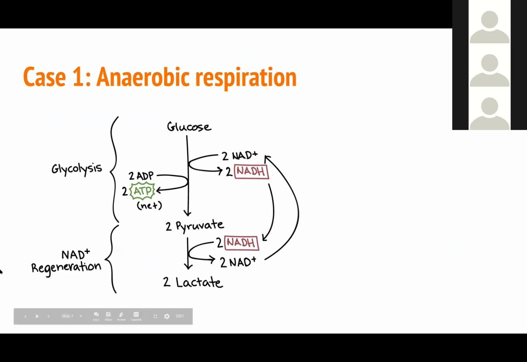So here you see glycolysis, and the end product is 2 pyruvate. Then 2 pyruvate is converted into 2 lactate. Lactate is lactic acid, and this process we call fermentation. Fermentation is really useful because you can make alcohol and yogurt and stuff like that in food microbiology.